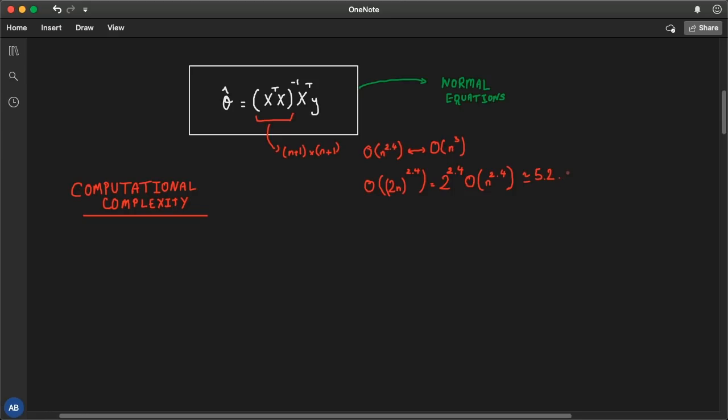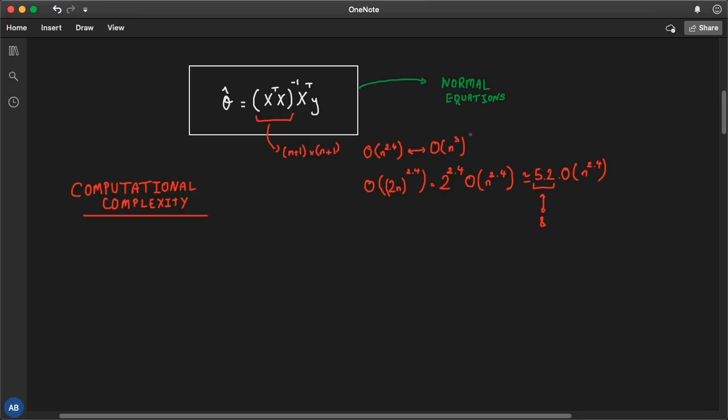So every time you double the number of features, you're multiplying the computational time by roughly 5.2. And if your algorithm takes n cubed, then you'd multiply by 2 cubed, that is 8. So from 5.2 to 8. Every time you double the number of features, the computational complexity rises by a factor of 5.2 to 8, order 2.4 to 3.